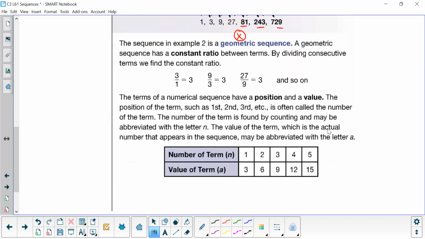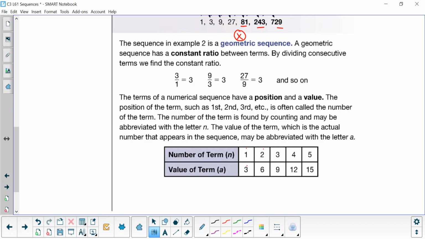We can take the numbers in our sequence, and they have a position and a value. And I can put them in a chart like this. The position is just the ordinal number. So there's no pattern to that row. It's just 1, 2, 3, 4, 5, 6, and so on. The pattern or sequence is here in your bottom row.